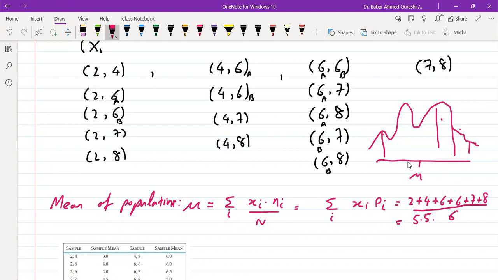If the probability distribution were all centered here, then even if you randomly sample, you are pretty much assured that even one value of the sample will be very close to the population mean, but not in general.